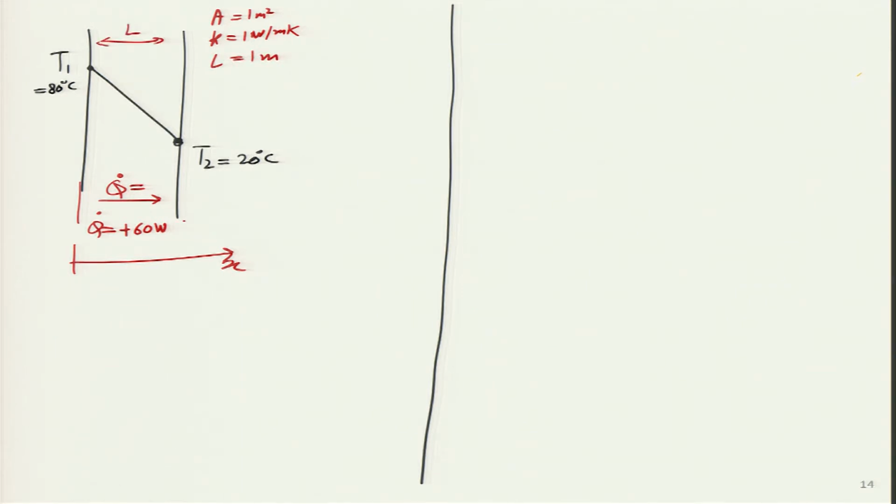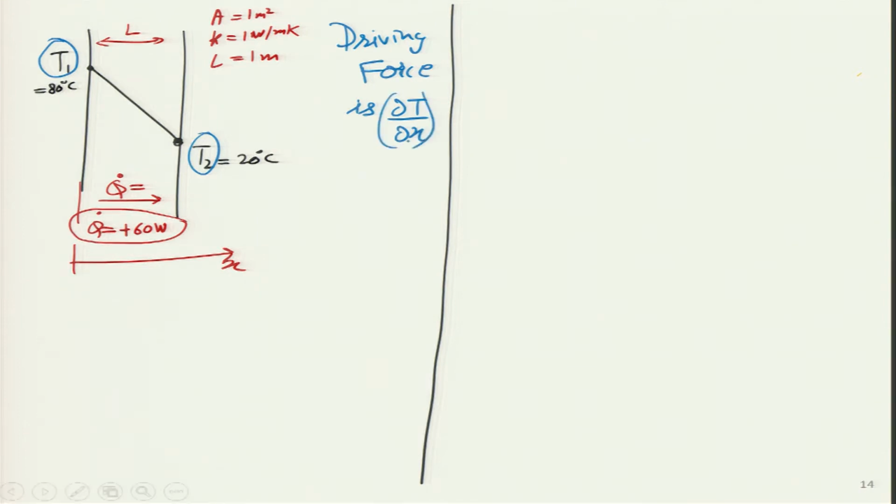and the length also is 1 over here. What is driving this heat transfer? The conduction heat transfer is the temperature gradient. So, the driving force is del T by del x, or in other words it is the temperature for heat transfer.